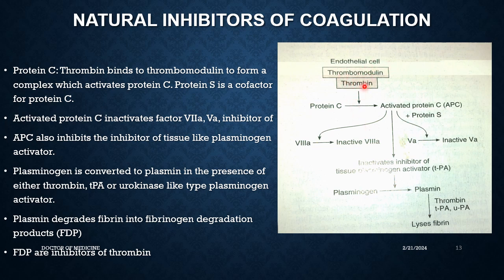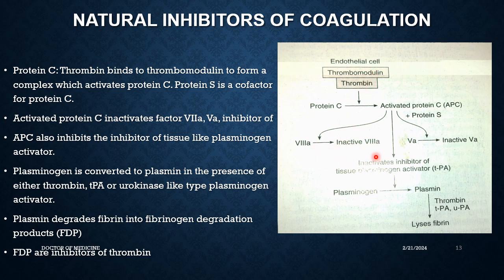So when thrombomodulin binds to thrombin, thrombin will further bind to protein C and activate protein C, right? So protein C works together with a cofactor known as protein S to inactivate the factors 8 and 5, all right? So activated factor 8 and factor 5 will be inactivated. We saw these factors being directly activated by thrombin.